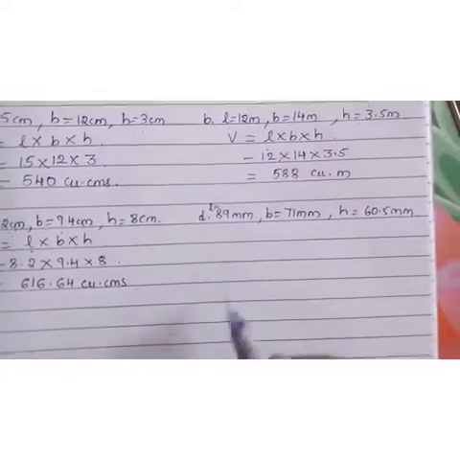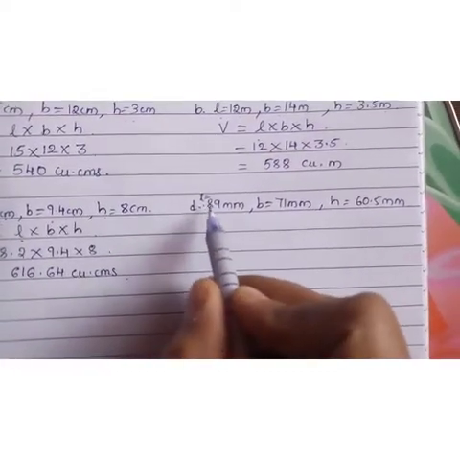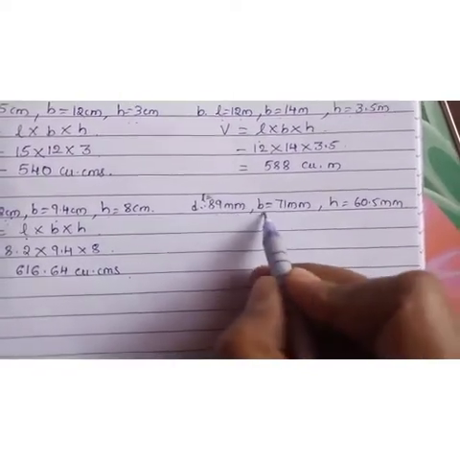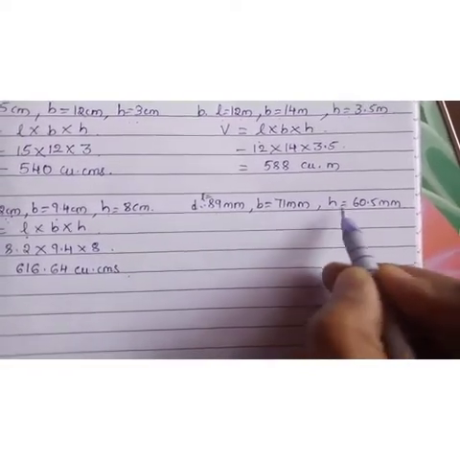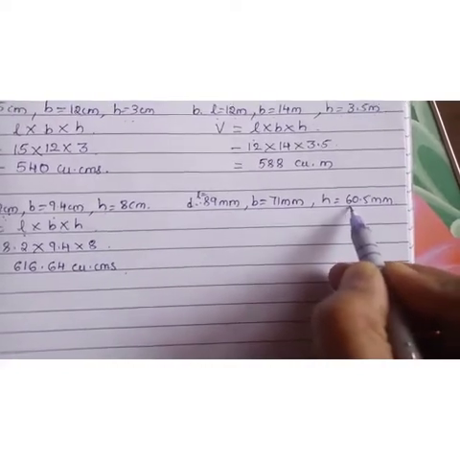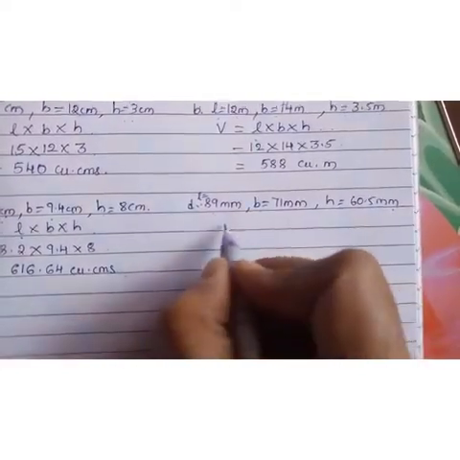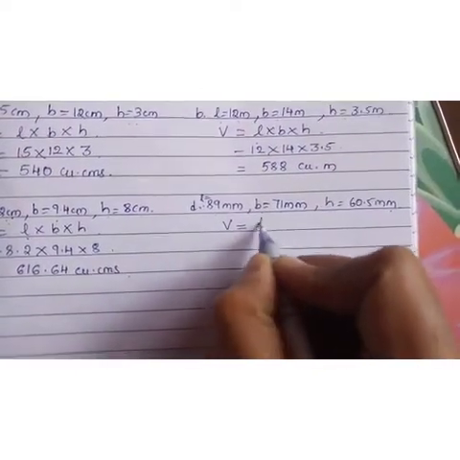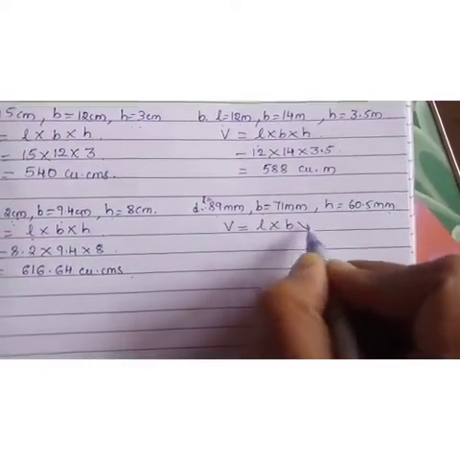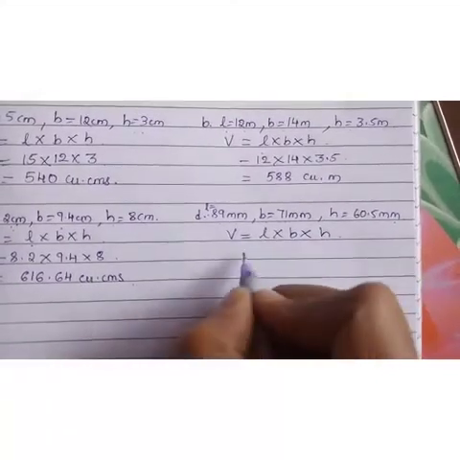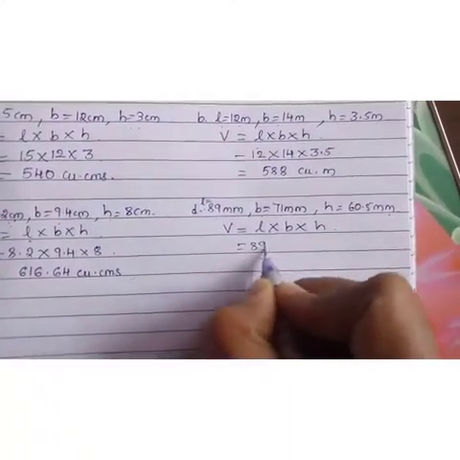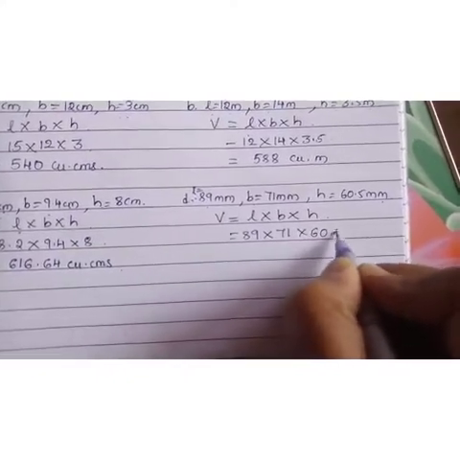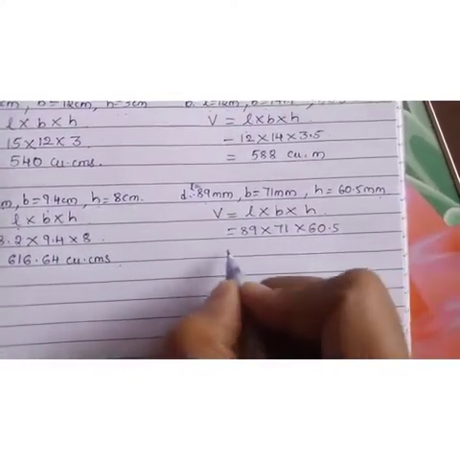Moving to question number D, L is equals to, that is length is equals to 89 millimeter, breadth is equals to 71 millimeter and height is equals to 60.5 millimeters. So write the formula. V, that is volume is equals to length into breadth into height. We have 89 into 71 into 60.5 by substituting the values.